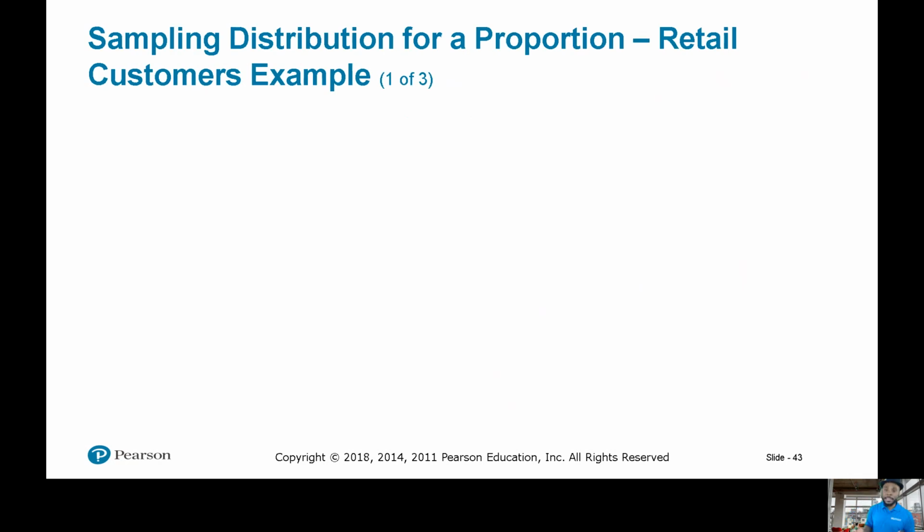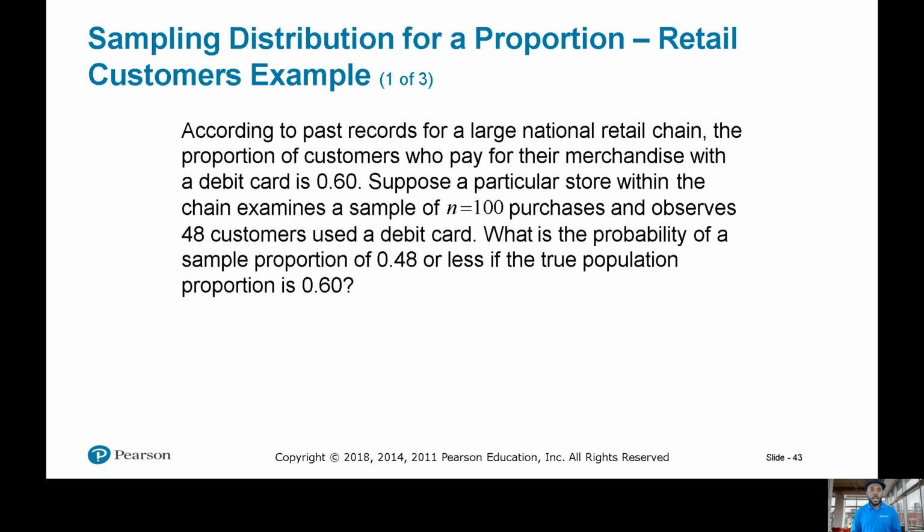So let's look at an example to bring this to context. According to past records for a large national retail chain, the proportion of customers who pay for their merchandise with a debit card is 0.6.